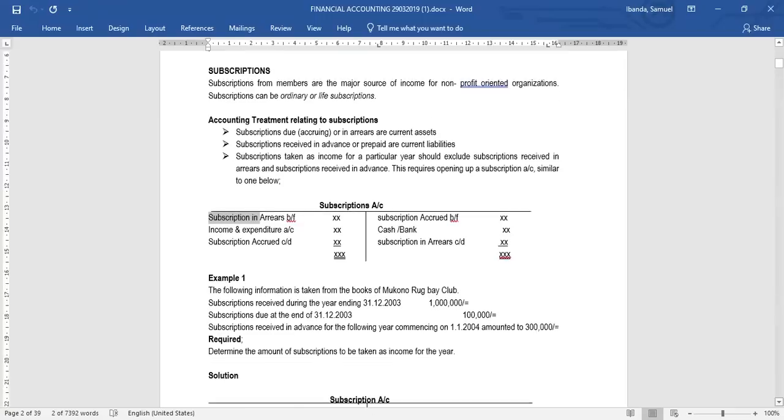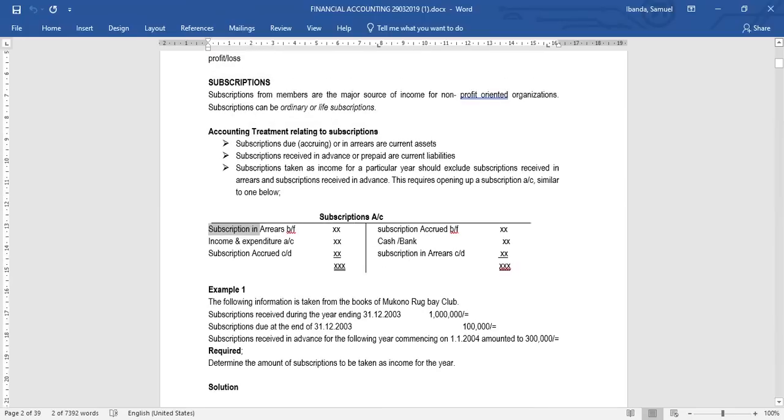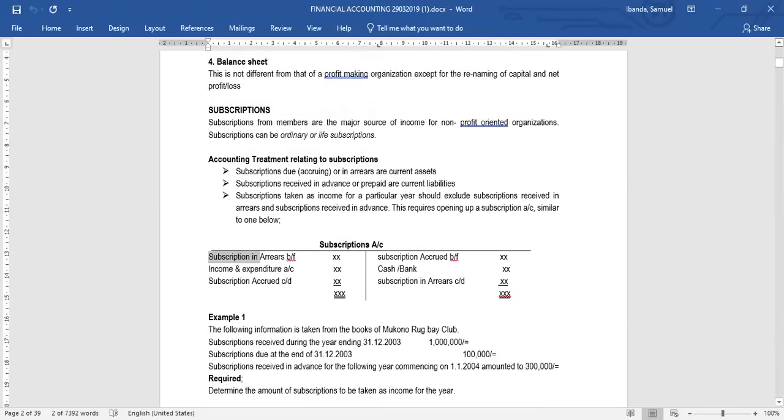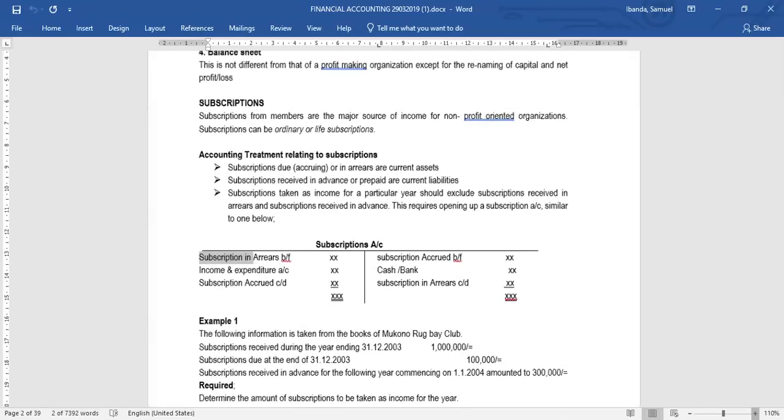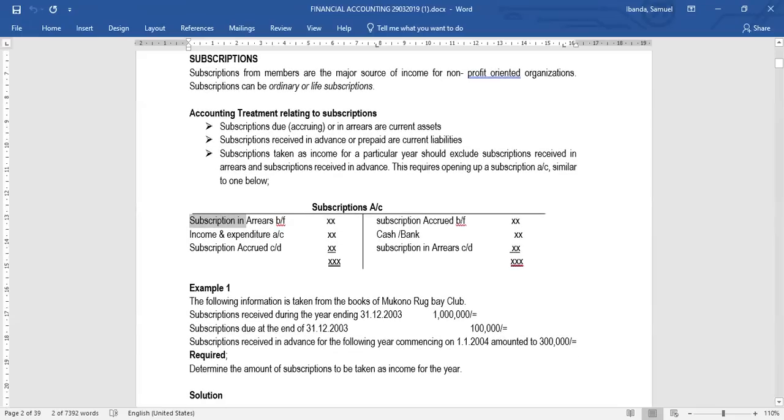Now, we have an example here. So this example, maybe just to expand a little, is saying that the following information is taken from the books of Mokono Rugby Club.